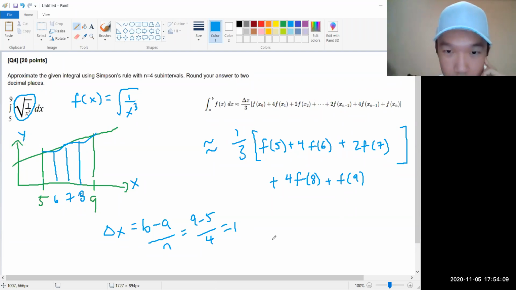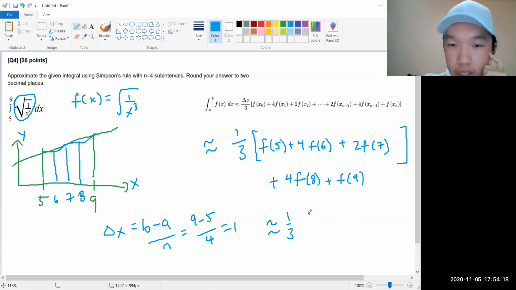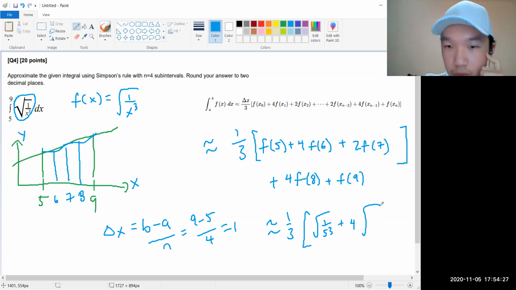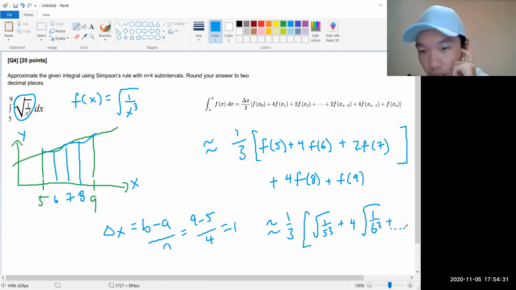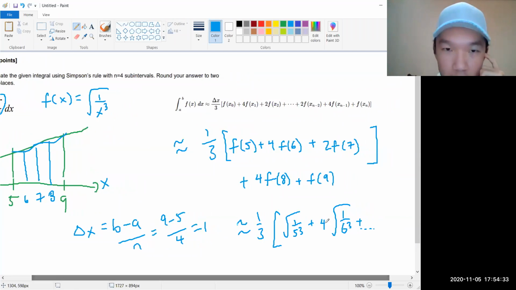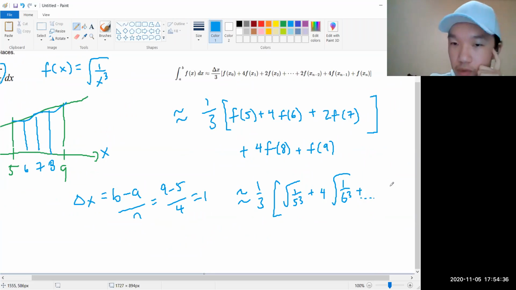And then to plug in x equals 5, you would just do 1/3 and then square root of 1 over 5 cubed plus 4 times square root of 1 over 6 cubed plus so on and so on. And I think you guys get the point of this question. So that would be your approximation for Simpson's rule. You plug all this into a calculator, and then you would get some answer. Okay.